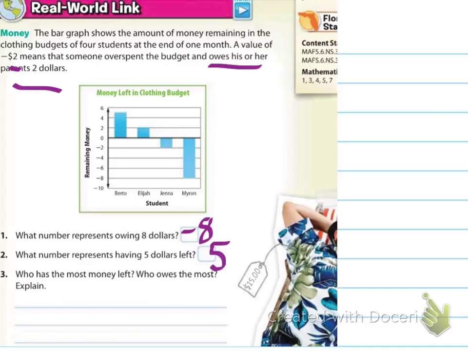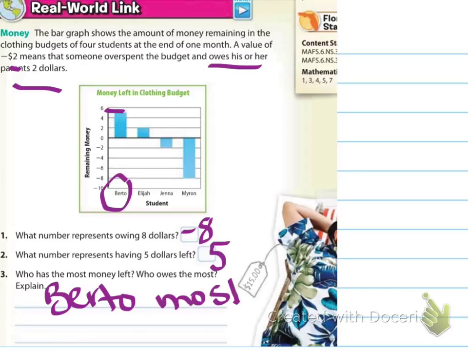Now number 3 actually does refer to the graph, and it says who has the most money left? Who owes the most? So who has the most money left? That would be Berto, because it looks like he has $5. Okay, he has the most. And then who owes the most?